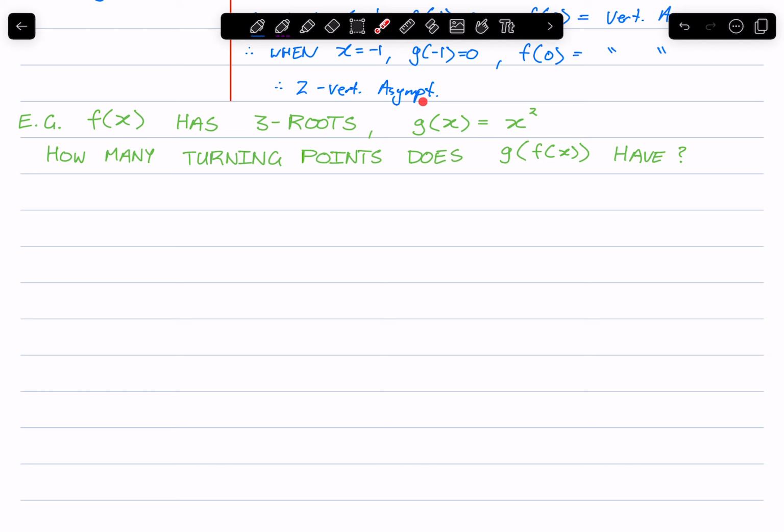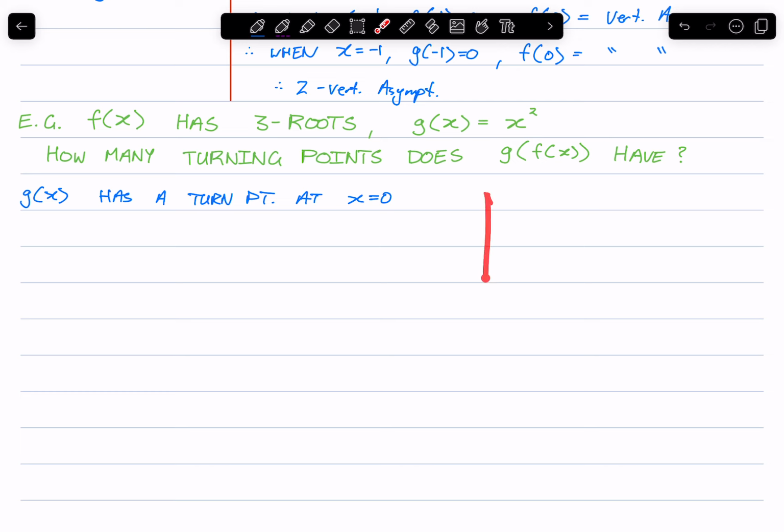Well, first, let's work backwards. G of x, so we can say that g of x has a turning point at x equals 0. We know this just from this function.